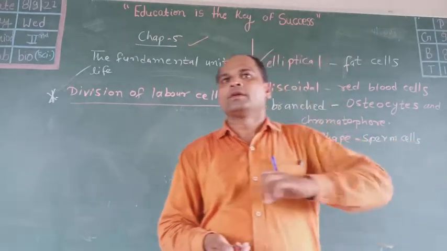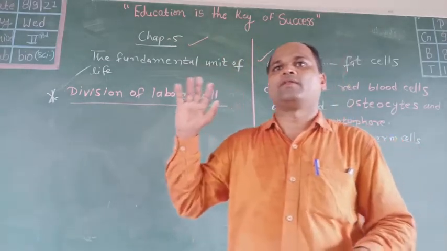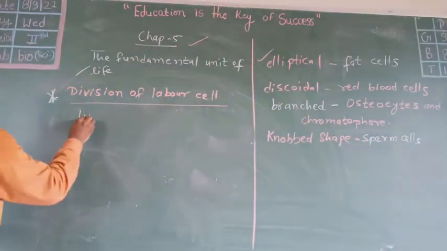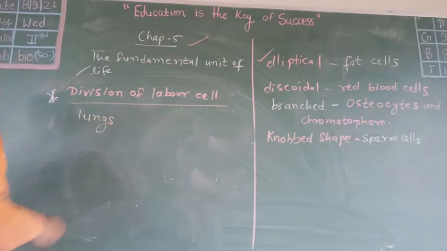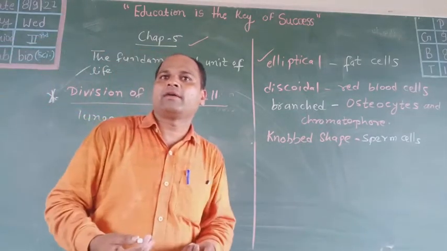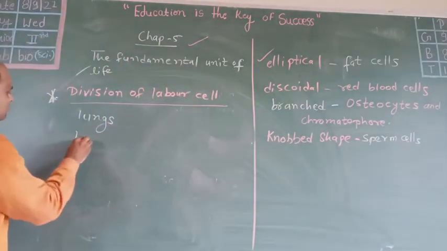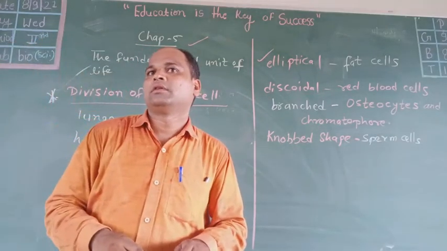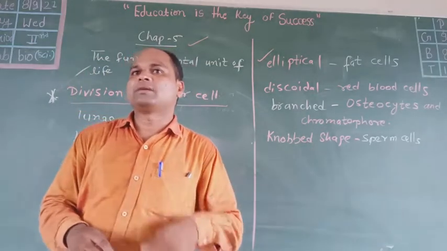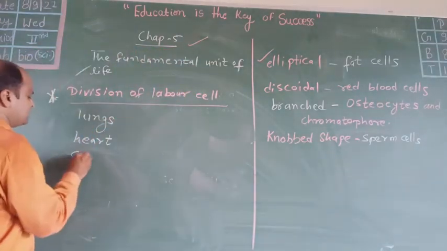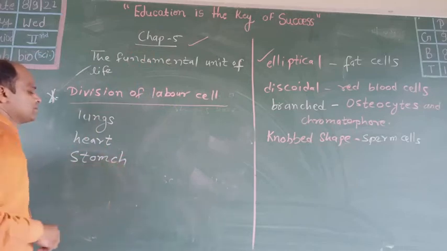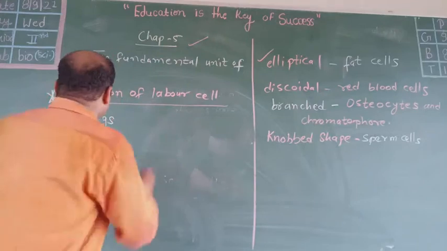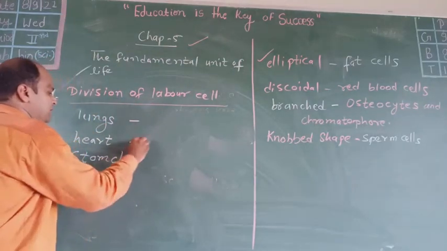For example, the human body has lungs, a heart, and a stomach. The lungs perform respiration. The heart pumps blood.